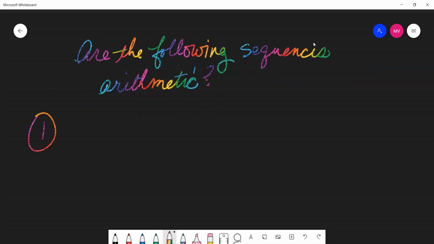So if I give you 4, -8, 16, -32 to infinity, is this an arithmetic sequence? No. So what's the definition of an arithmetic sequence?